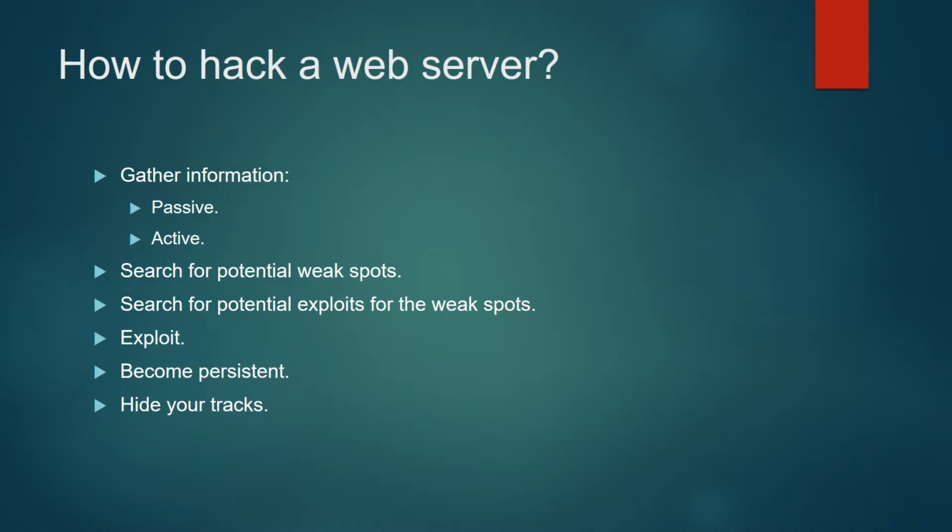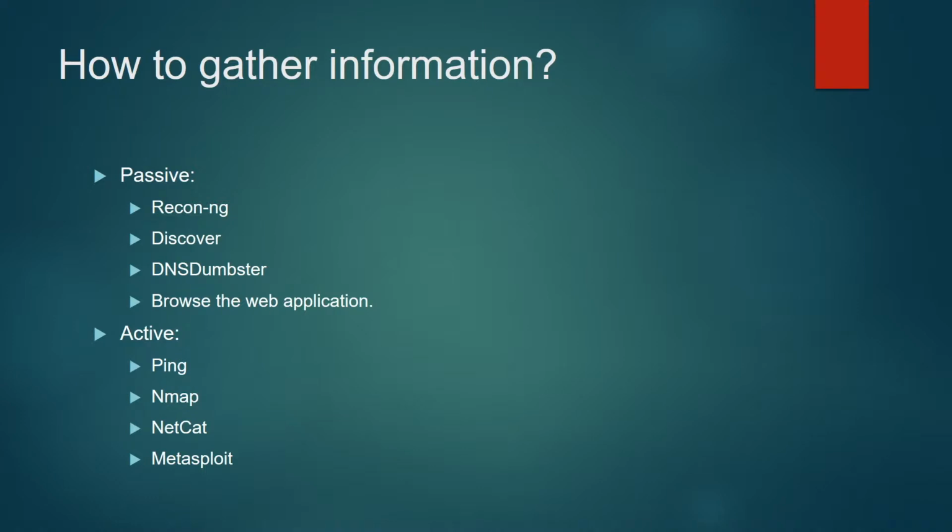So the first thing is gathering information. Like when you begin every project, when you interact with any kind of target, before you do anything whatsoever, you need to have a pretty decent amount of information about the target. It can be all the IPs, all the records, or DNS records.